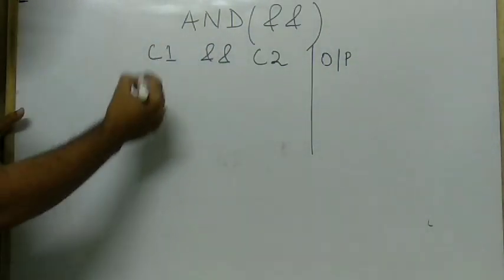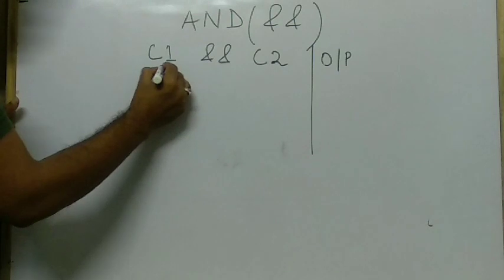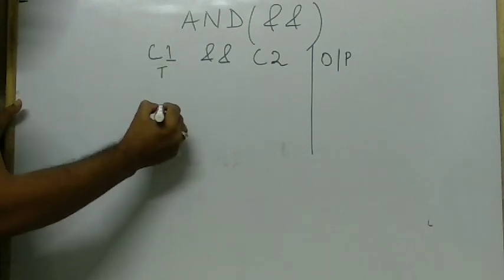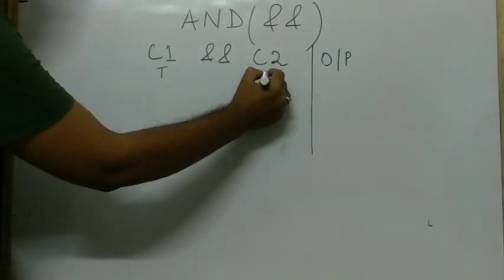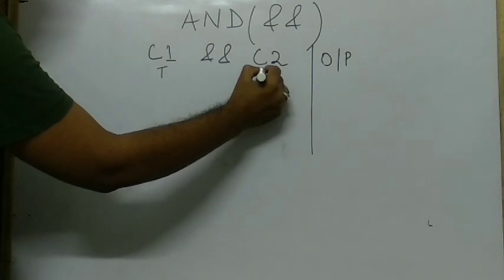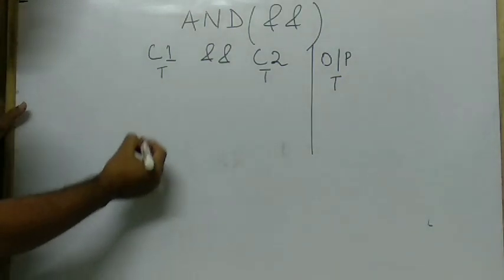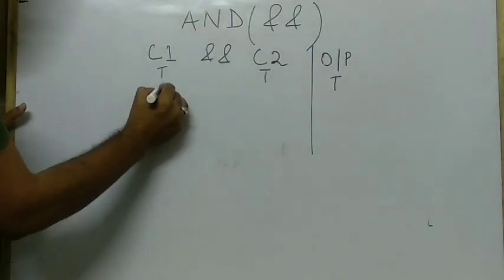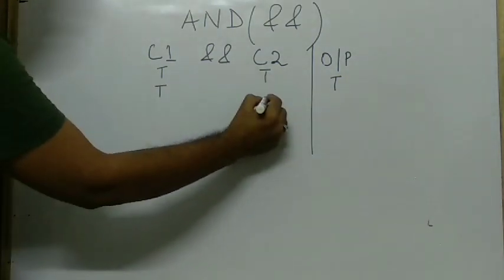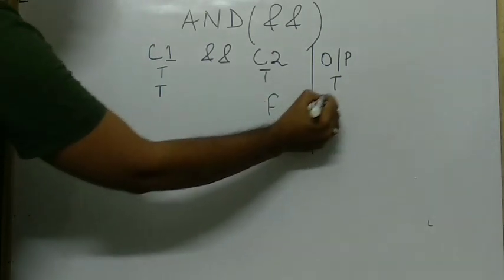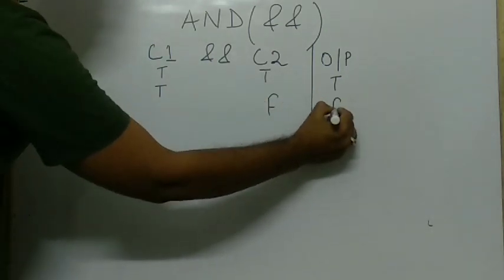If the first condition is true and the second condition is also true, then the output is true. If the first condition is true but the second is false, then the outcome is false.